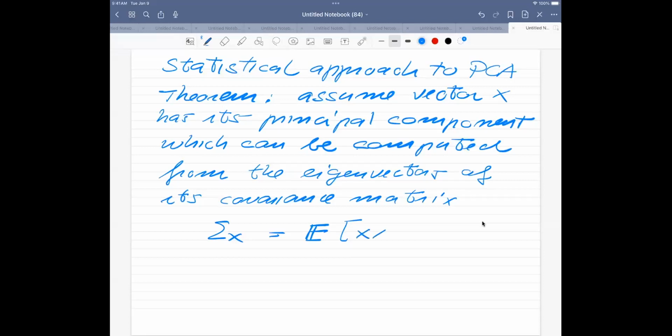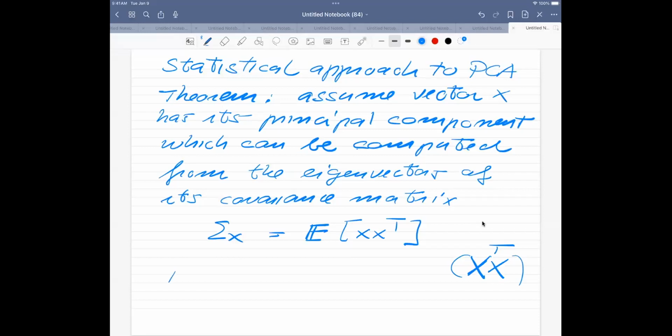Previously I used a matrix X. So if I do this with vectors, I just get a number. What I want now is to set up the covariance matrix for the vector X. If I take the inner product, that's just a number. What I'm also going to assume is that this sigma X obviously has positive eigenvalues, which is the definition of a covariance.